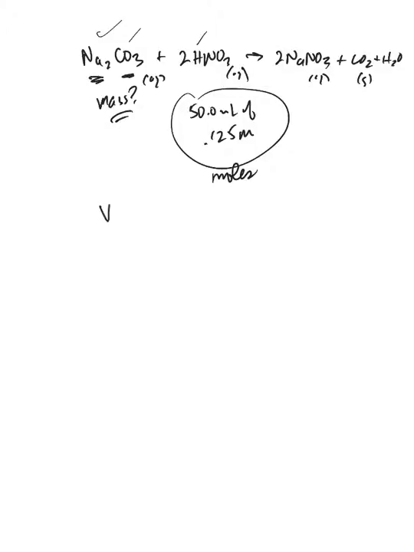So remember, volume times molarity equals moles. So my volume in liters, 0.050 liters, times the 0.125 molar is going to give me my moles of nitric acid. 0.05 times 0.125, I get a pretty tiny number, 0.00625 moles of the HNO3.